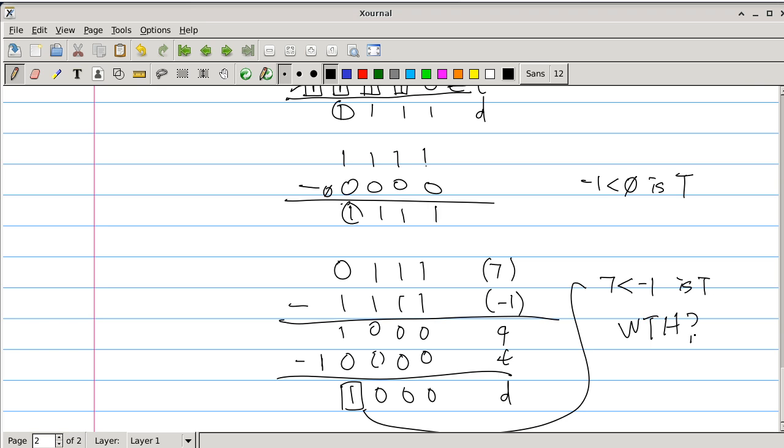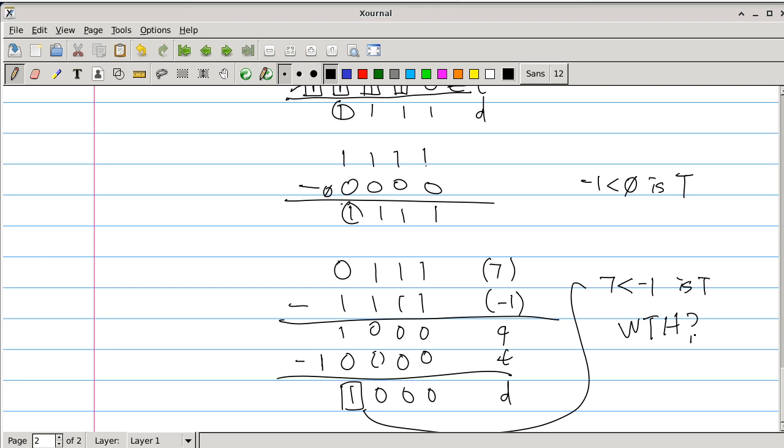Yes? Because our number wheel doesn't support positive 8. Exactly. Once you choose that you're dealing with signed values, you have locked down the number wheel to go from -8 to positive 7. Those are the values it can represent. So this 1, 0, 0, 0 is actually representing negative 8. But we know that 7 minus negative 1 cannot be negative.